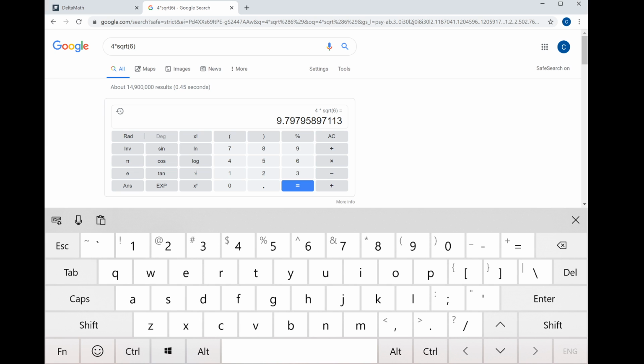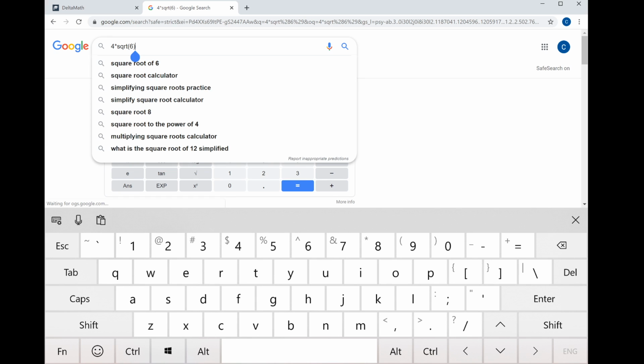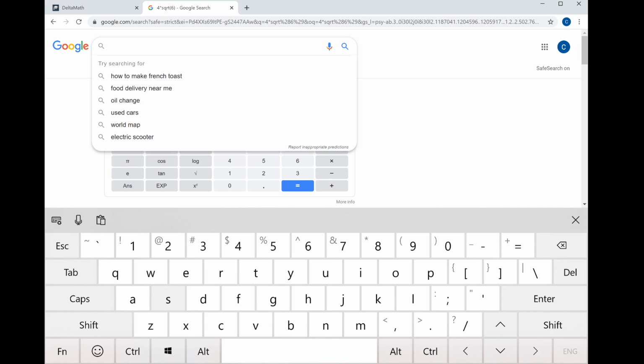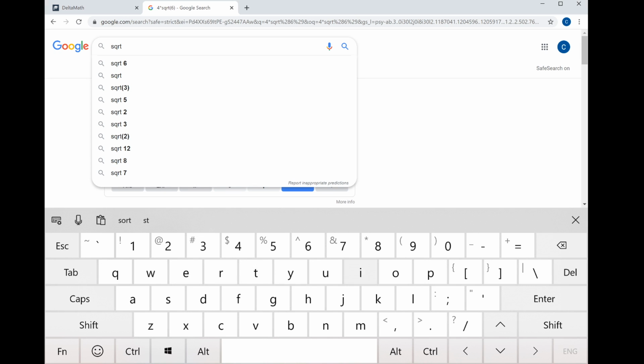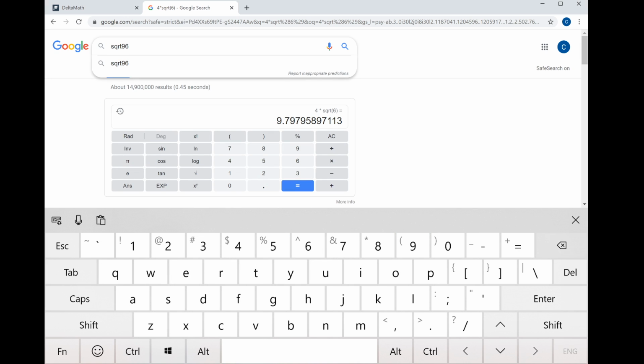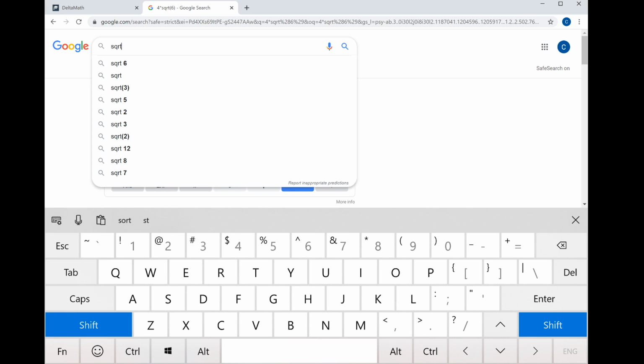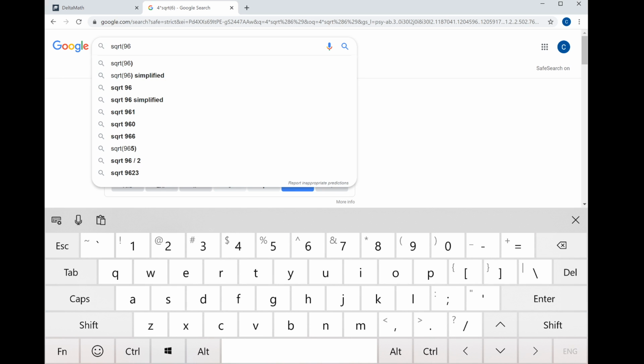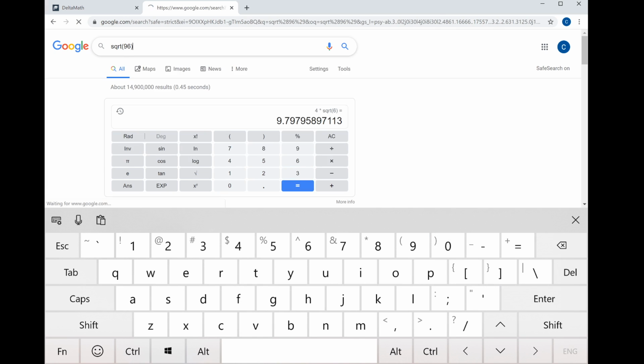Okay, 9.79, and now let's try square root 96. Oops. Okay, yep, I did it right. Yay.